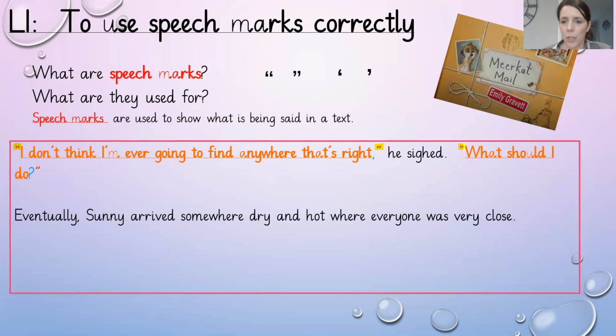Also, "What should I do?" he said. So there's a speech mark there to open it and then a speech mark there to close it. What we also notice is that there is a punctuation, either a comma, or in this case, there's a question mark here before the close of speech mark, okay?